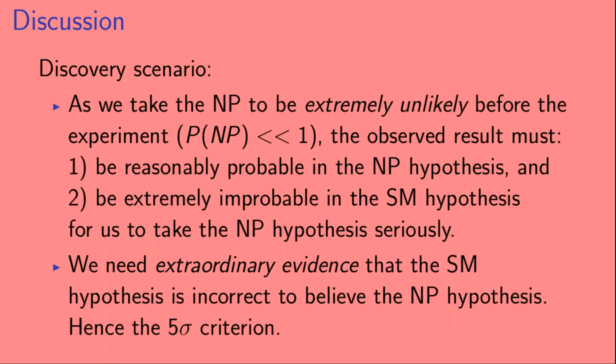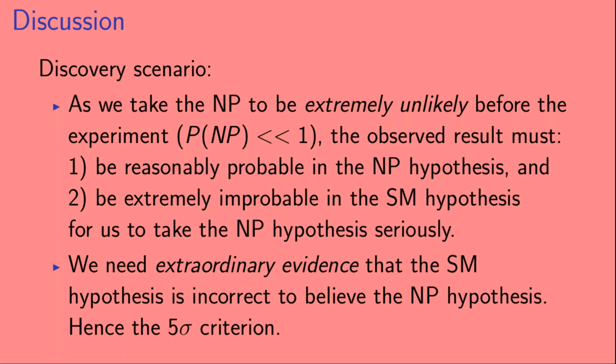Okay, so now let's think about the discovery scenario. Because we take the new physics to be extremely unlikely before the experiment takes place, so we're taking the probability of the new physics to be much, much less than 1, then the observed result must, one, be reasonably probable in the new physics hypothesis, and two, be extremely improbable in the standard model hypothesis, in order for us to take the new physics hypothesis seriously based on the experimental result.